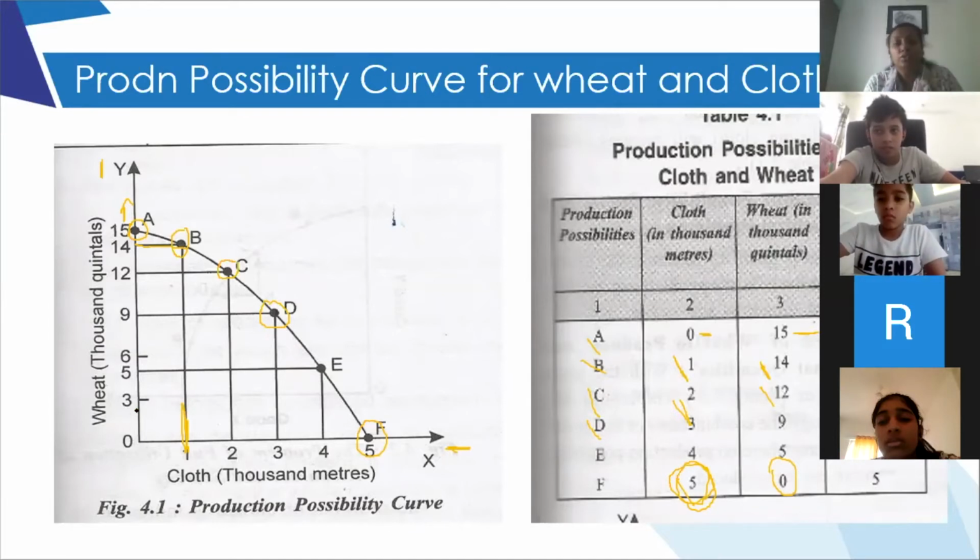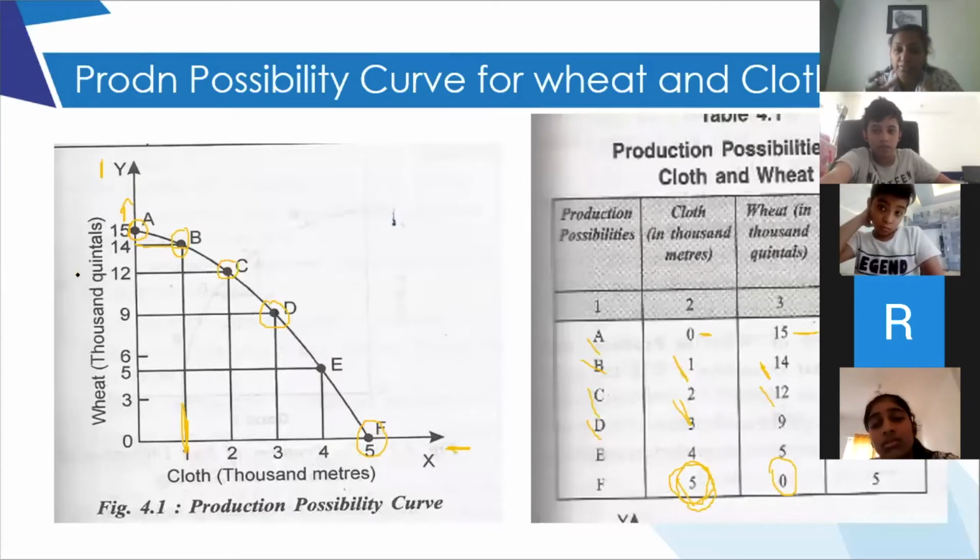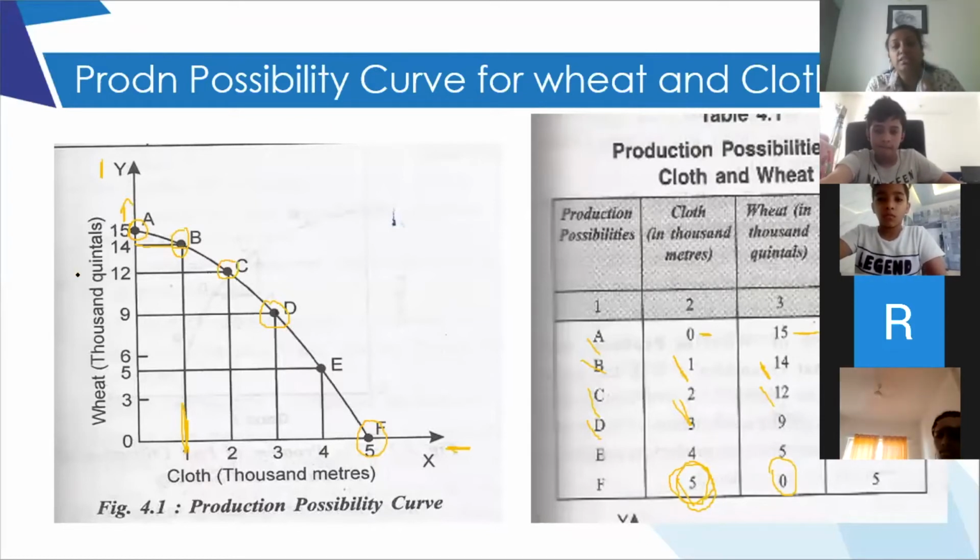The same way it is for the economy also. All the resources that we are using may not be suitable for the production of everything. So when we put everything in the production of wheat, it is possible that some of the resources are better utilized in producing cloth than in wheat.